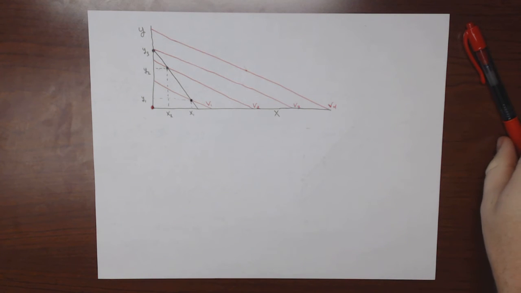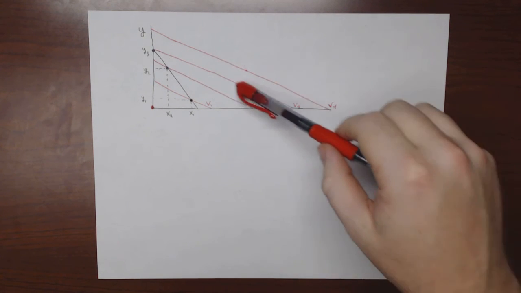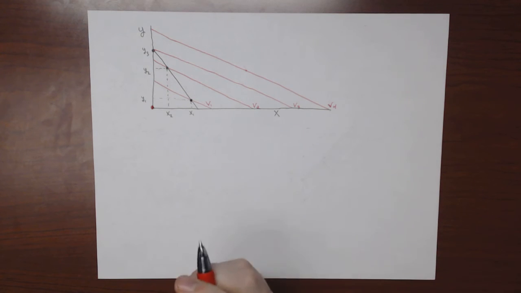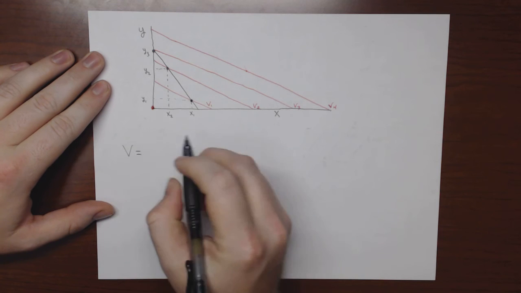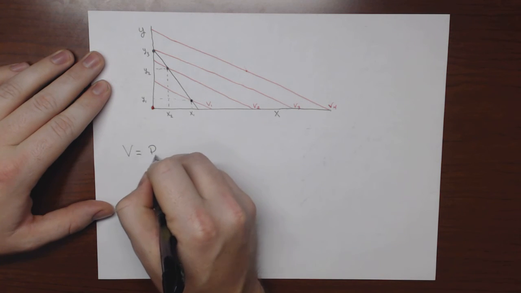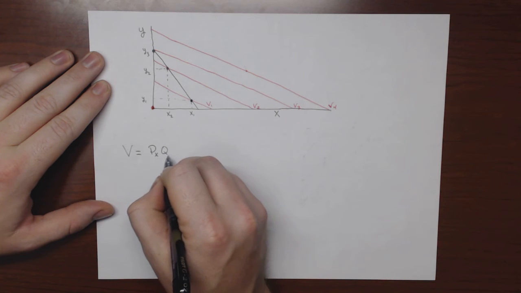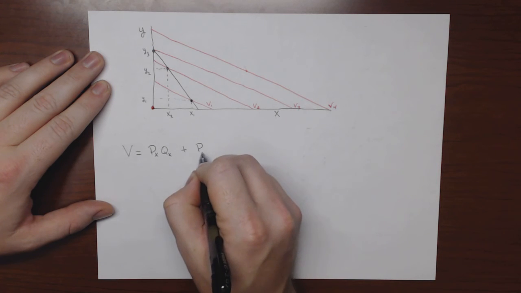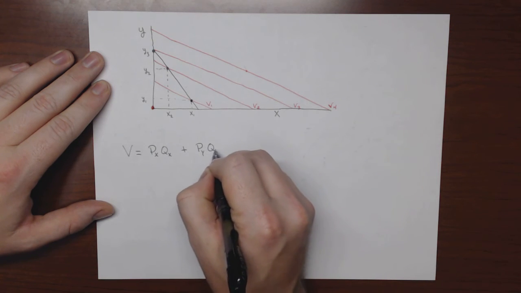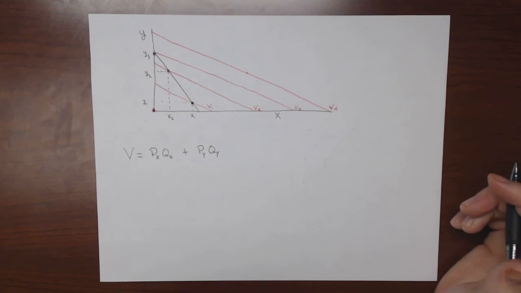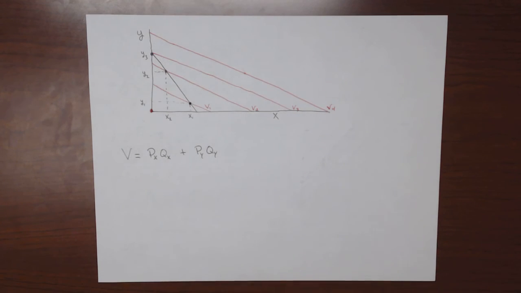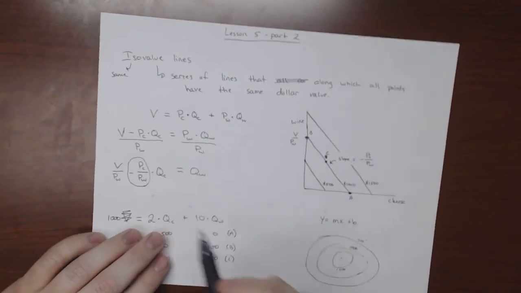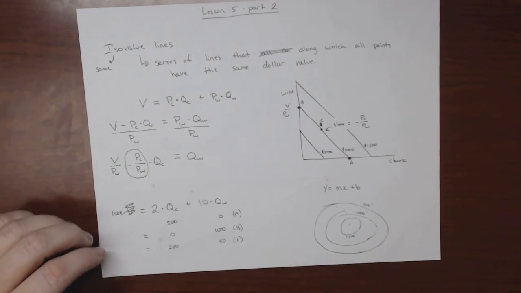Now, it's important to note that the slope of this line is going to be, well, let's solve for it. Remember, V is equal to the price of X times the quantity of X plus the price of Y times the quantity of Y, okay? And so let's solve this in terms of QY, just like we did before. In fact, we've already done it.